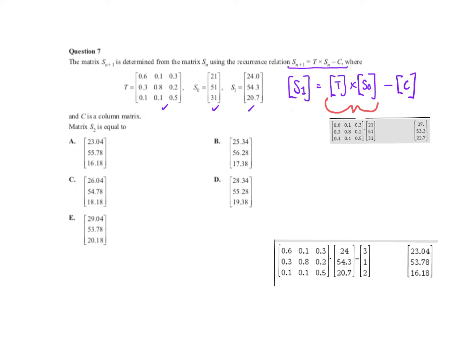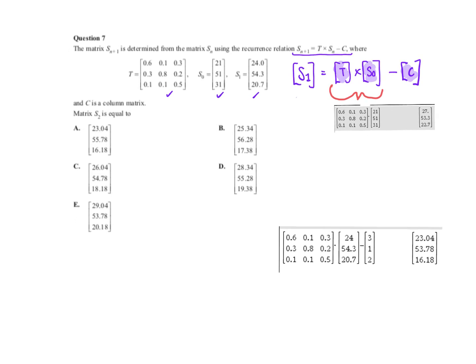The way we would have found S1 using the formula is the transition times the one before minus C. So if I work out this bit on the calculator, I would times the transition by S0.